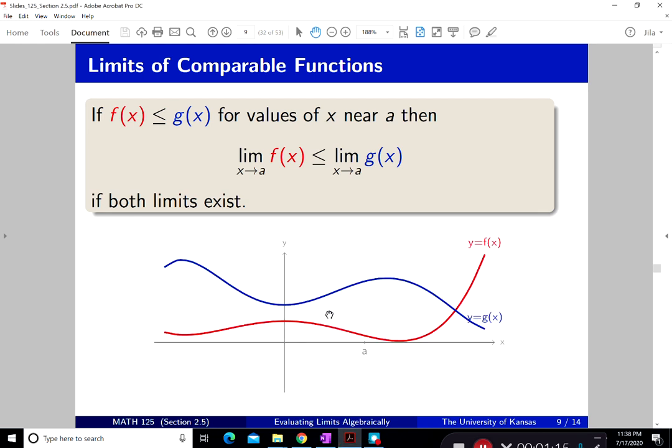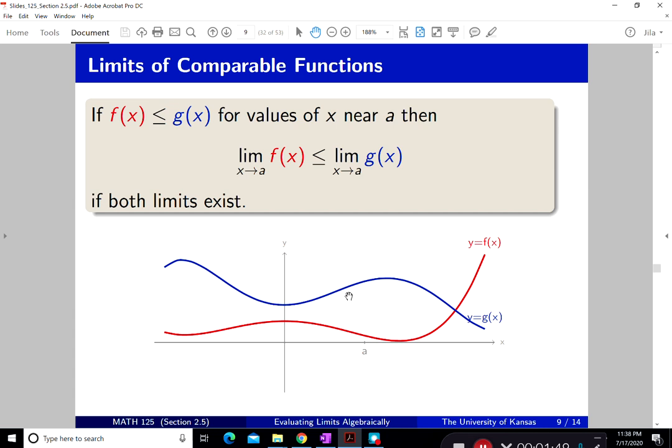Here's what it looks like. Look at point a, and for points around a, f of x is less than g of x. F of x is not always less than g of x, but for points near a, g of x is always bigger than f of x.